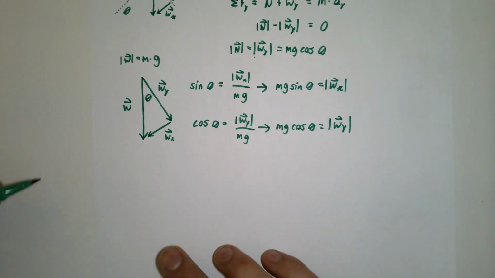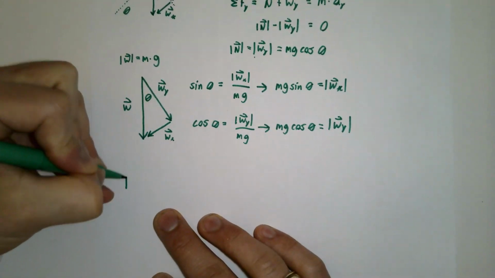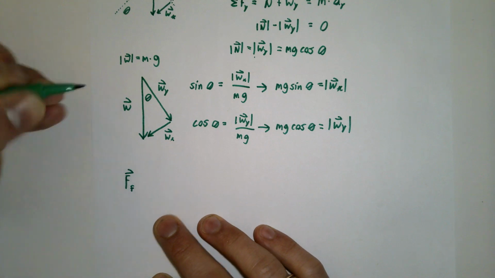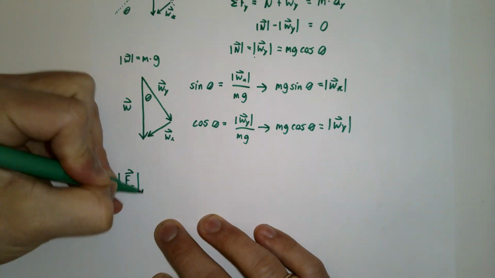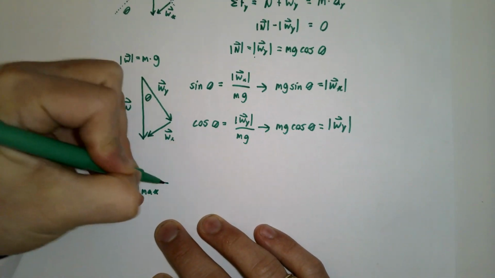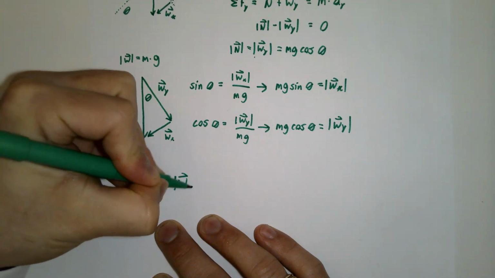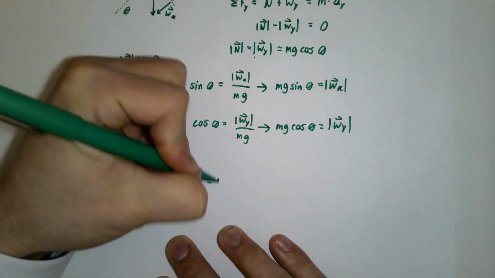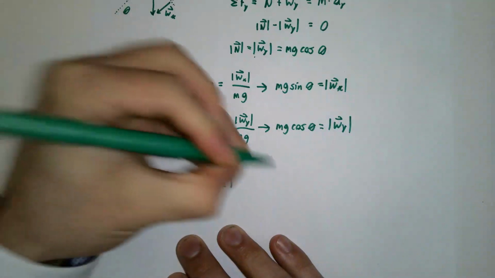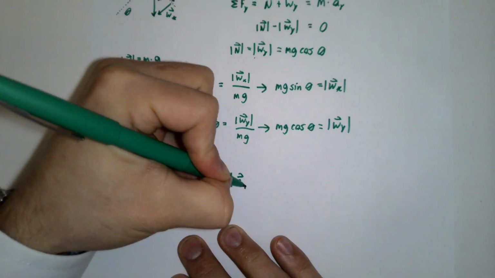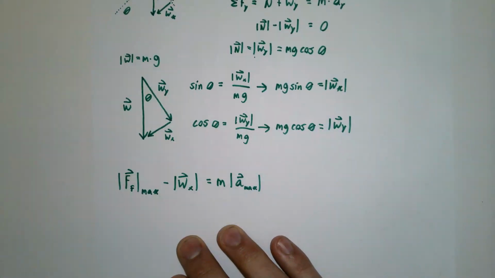All right, I'm going to rewrite this as frictional force, max, minus weight in x equals our mass. Now I'll do a simple substitution here of our maximum acceleration.